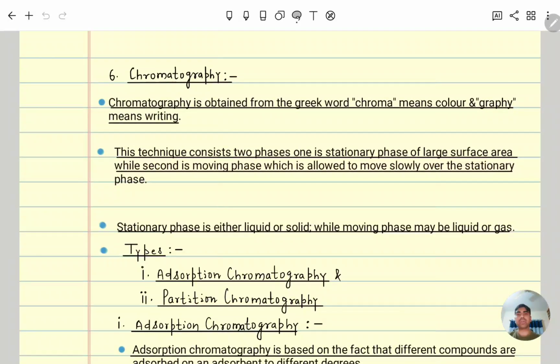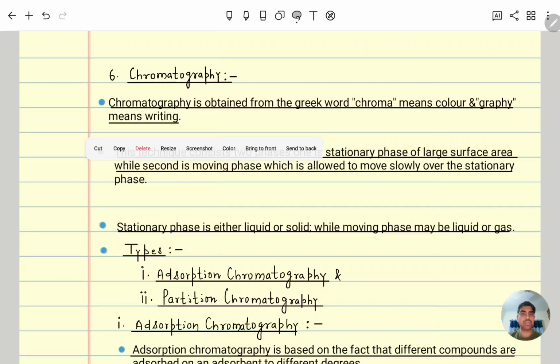Now coming to chromatography. In chromatography, two mediums will be there. One is stagnant, called the stationary phase, and one is the moving phase. Chromatography is derived from the Greek word chroma meaning color and graphy meaning writing.